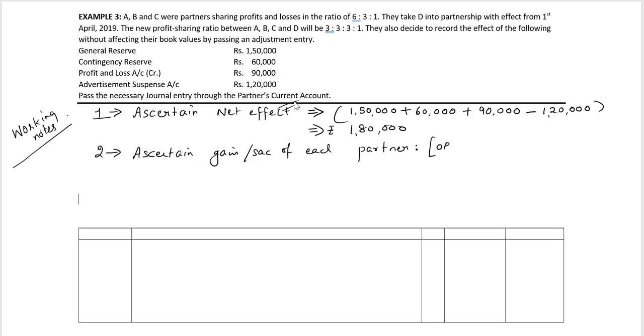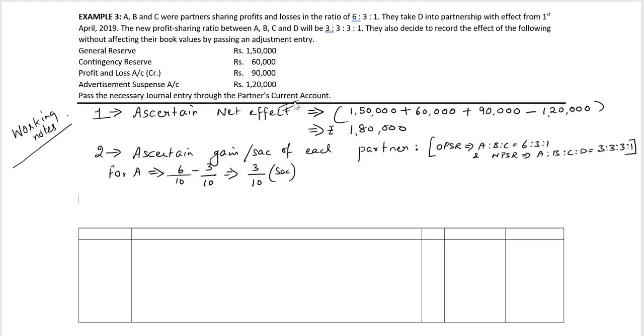The OPSR between A, B and C is given as 6:3:1, and the NPSR between A, B, C and D is given as 3:3:3:1. For partner A, let's do old share minus new share. Old share 6 divided by 10 minus the new share 3 divided by 10. We have A sacrificing 3 by 10.